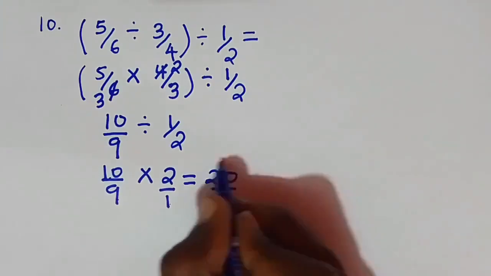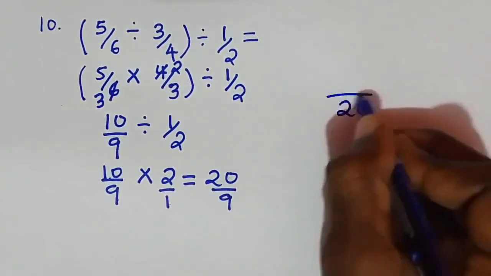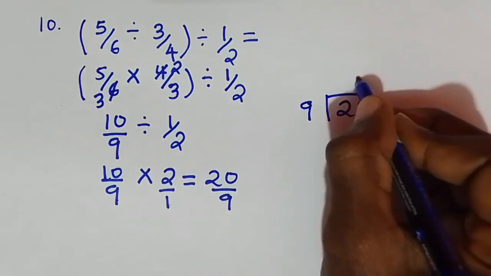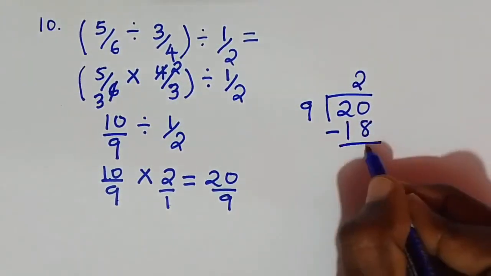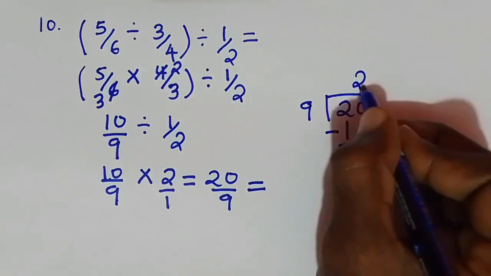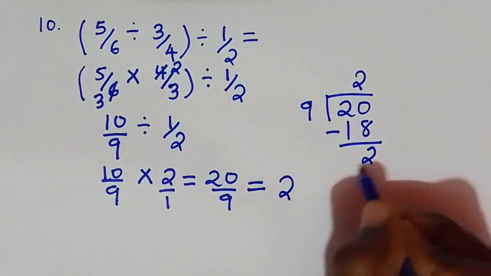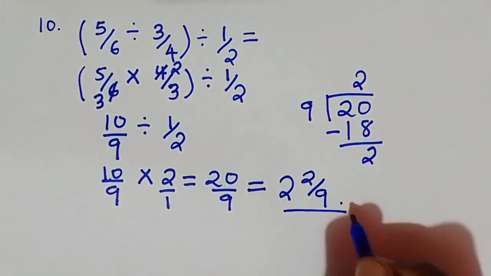We are going to change this improper fraction into a mixed number. We'll take 20 divided by 9, it will go 2 times, to give us 18. We take away, we remain with 2. So this goes 2, remain 2 over 9. And this is our answer.